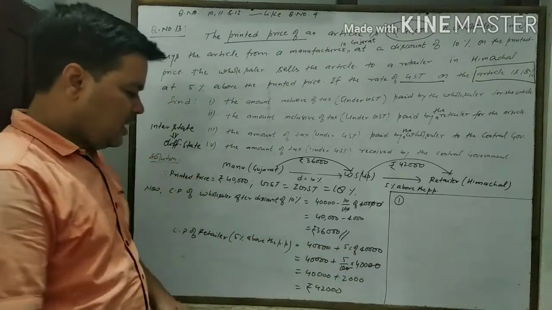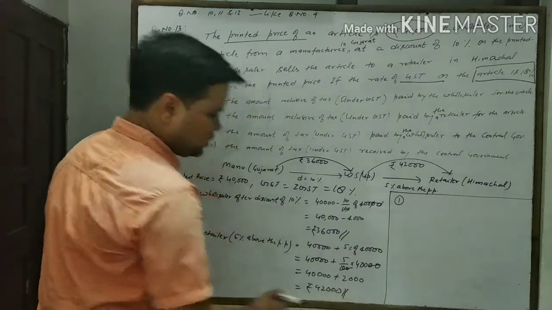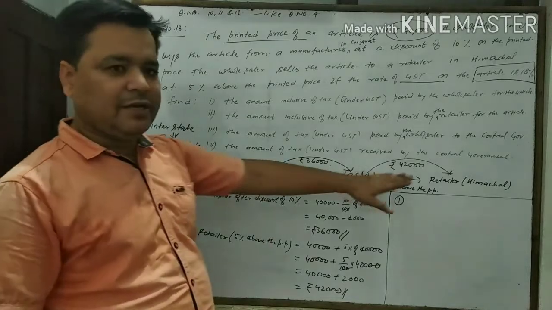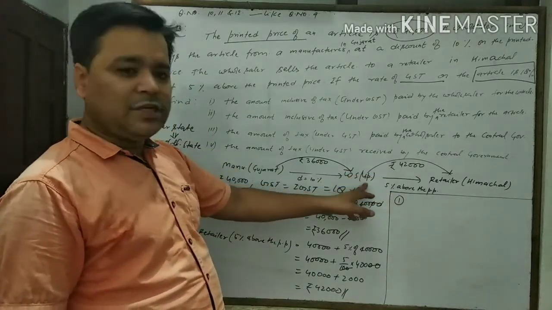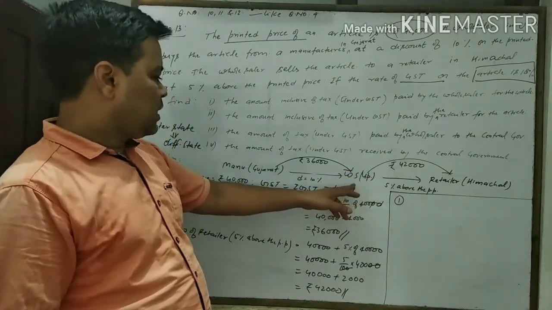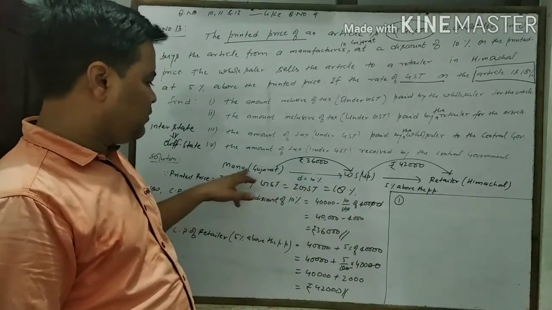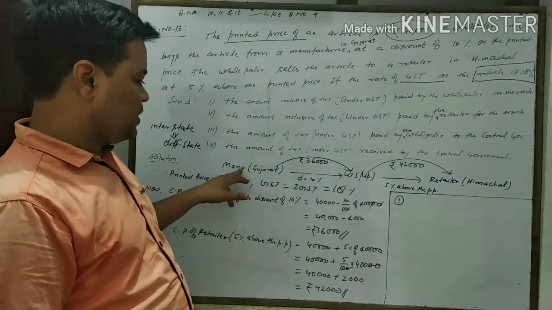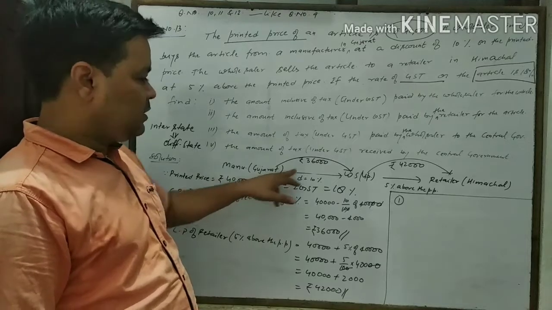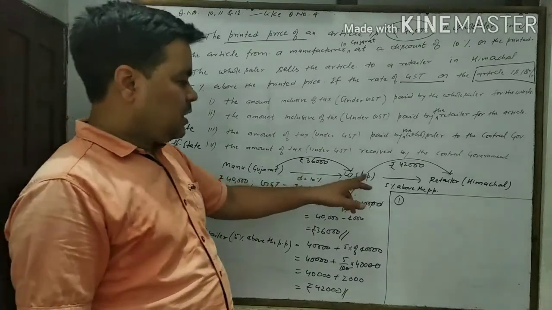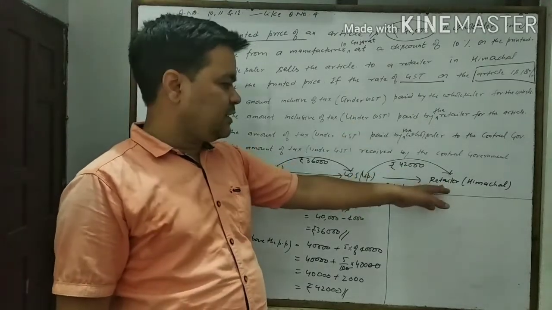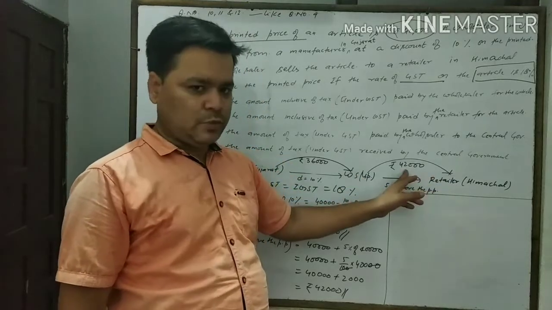After calculation it will be 42,000. By the diagram it is clear that the wholesaler in UP takes the article from the manufacturer in Gujarat at 36,000 and sells it to the retailer in Himachal at 42,000 rupees.